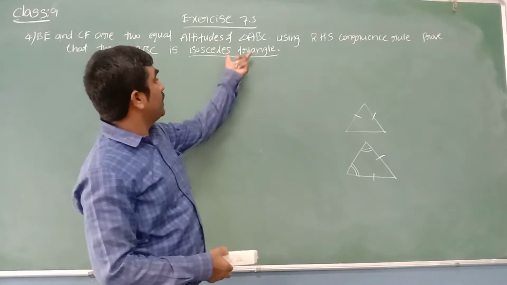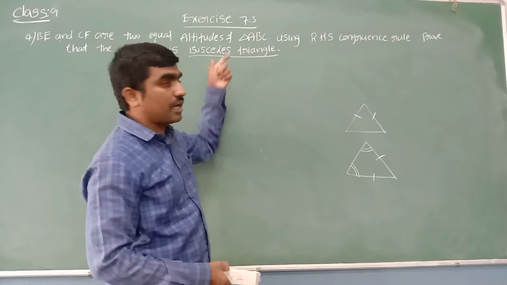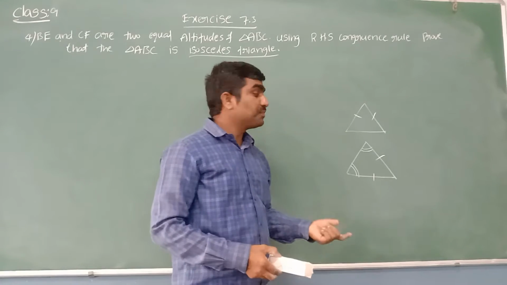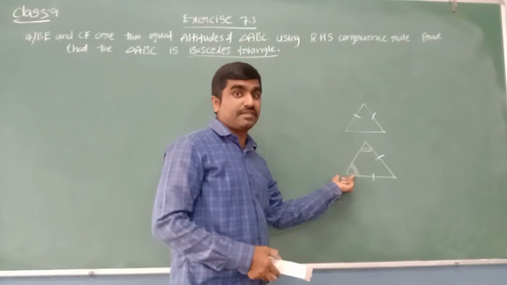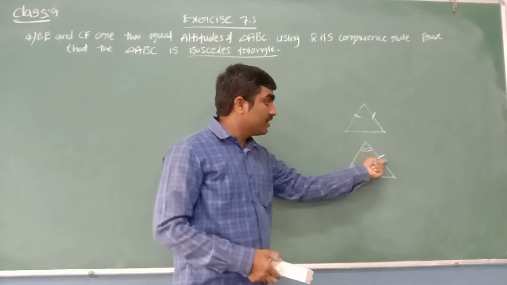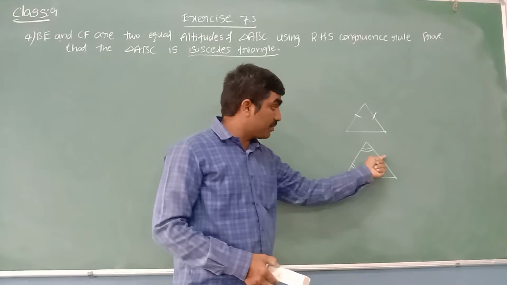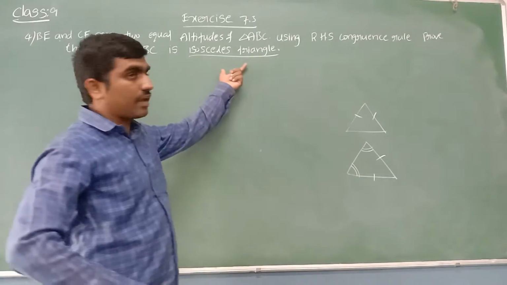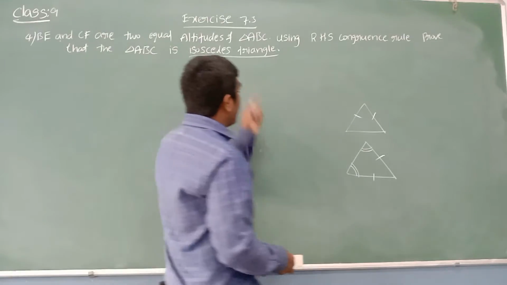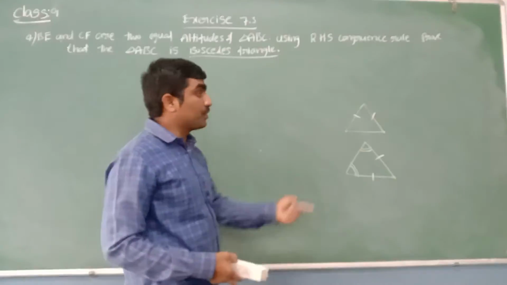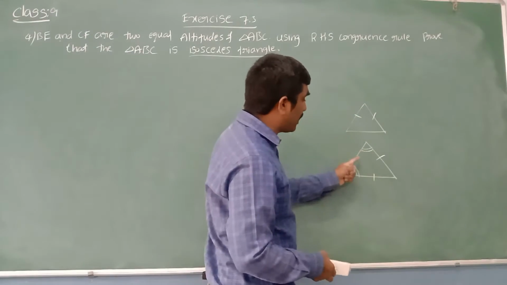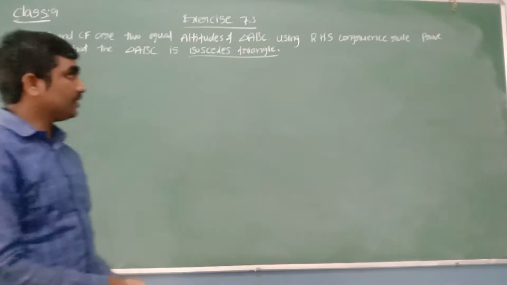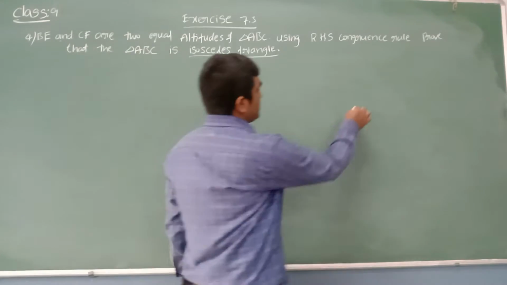So to prove a triangle is isosceles, it's enough to show that any two sides are equal or any two angles are equal. If any two angles are equal, their opposite sides are equal. Hope it is clear. Let us draw a triangle ABC.